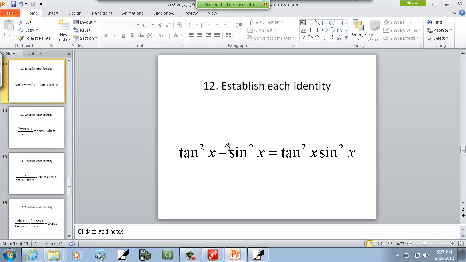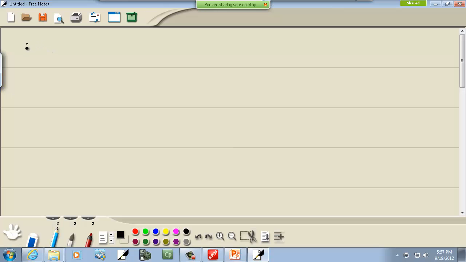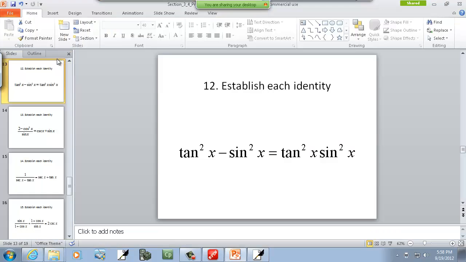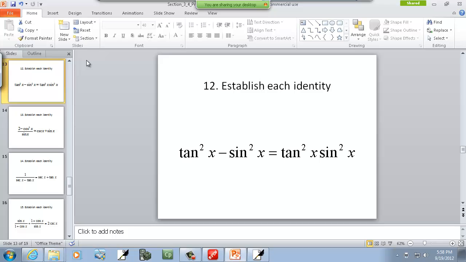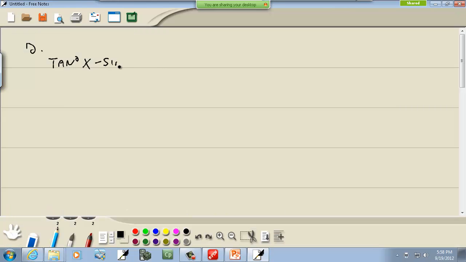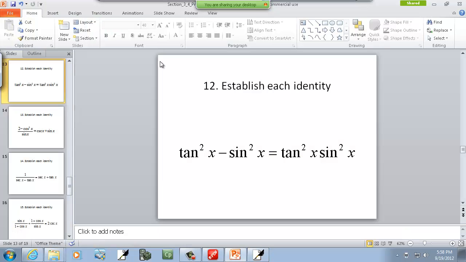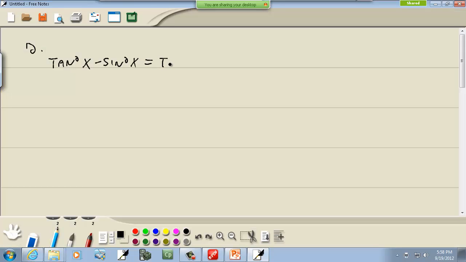Let's look at our next problem. I sort of remember this one from class, but tangent squared minus sine squared is equal to tangent squared sine squared.